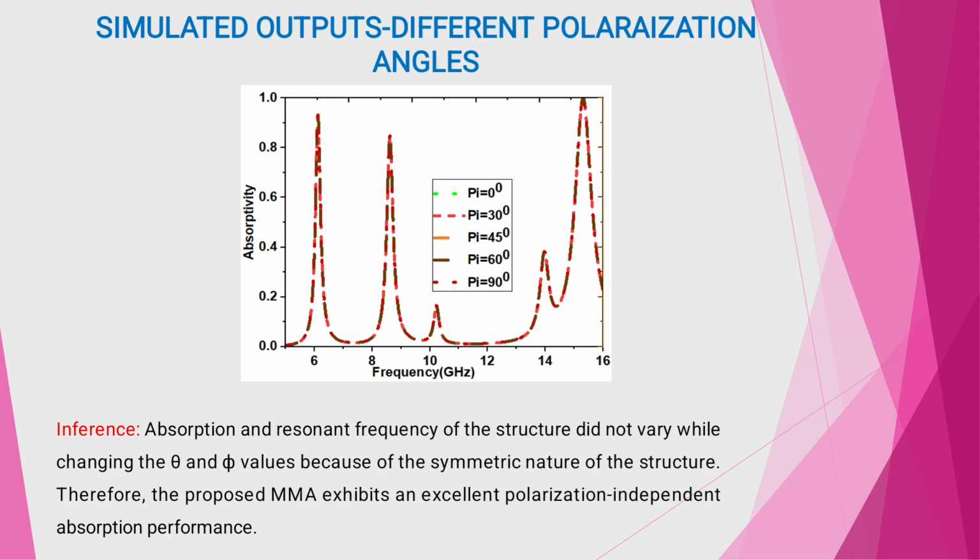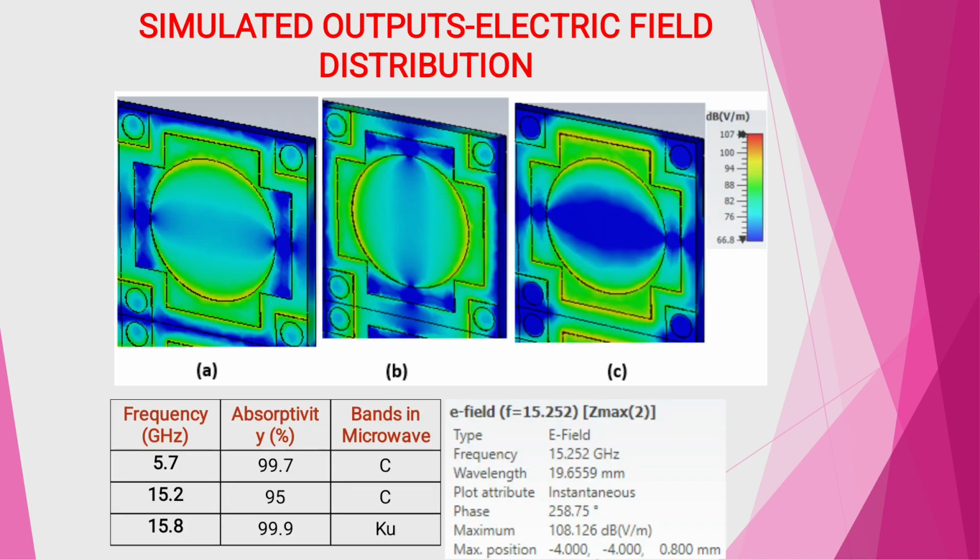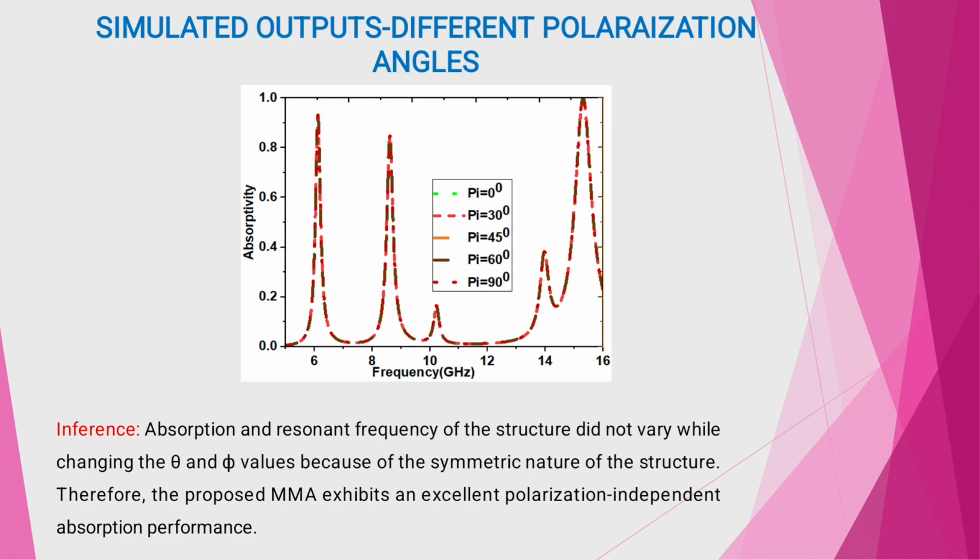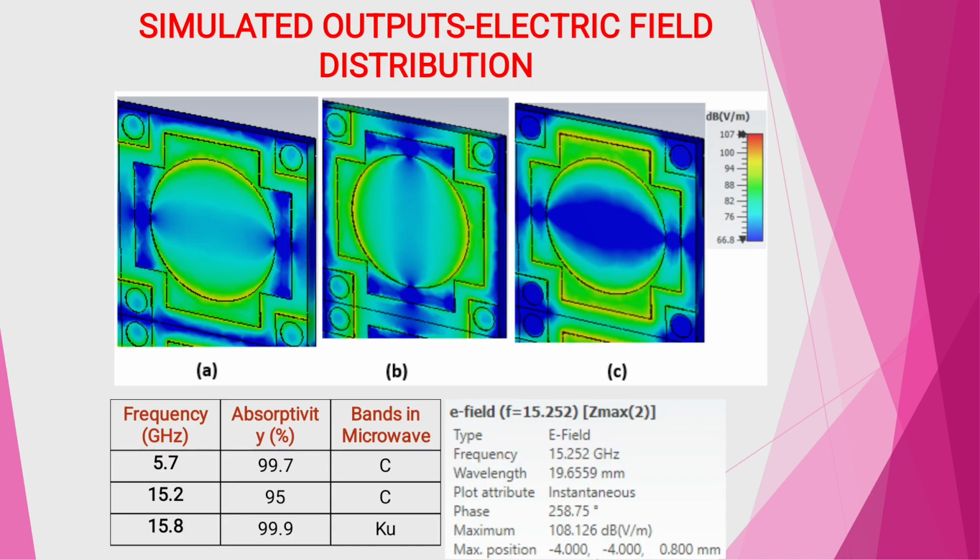So it is polarization independent absorption performance, which means when we use the absorber in open space at 0 degrees, 90 degrees, 30 degrees, whatever, we achieve the same absorption rate for all the frequencies. This is done by changing the angle values of theta and phi.